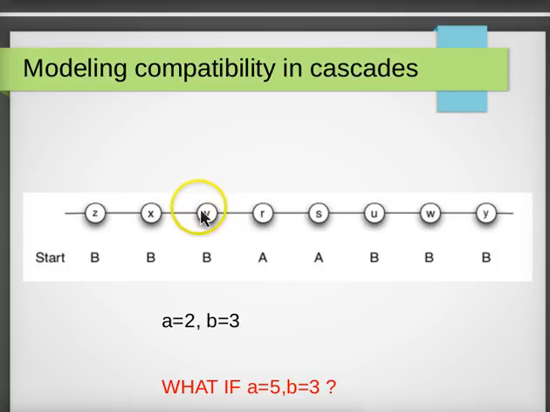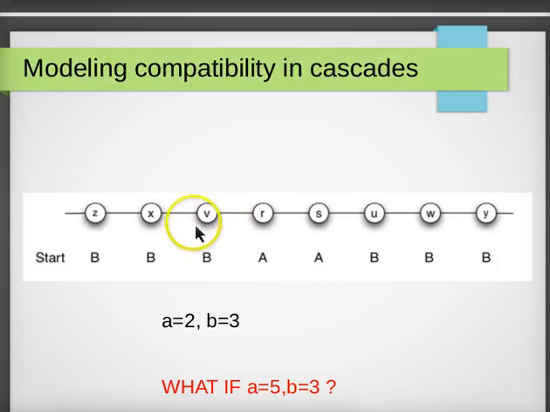So let us look at how node V is going to take a decision. If V adopts technology A, it will only get a payoff of 2 from R and a payoff of 0 from X. If V adopts B, it will get a payoff of 3 from X and a payoff of 0 from R. It means that till now it is better for V to adopt B.